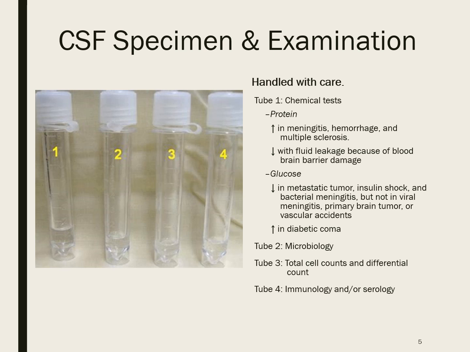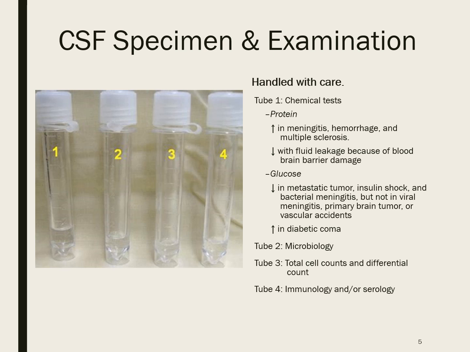So with that first tube, it doesn't really matter if there's a little bit of contamination in there, because you're going to spin it down and test for things like protein or glucose. There are a couple of other things that you could test for in chemistry. Just to give you an example, with protein, with meningitis, it tends to be increased, as well as with hemorrhage and multiple sclerosis.